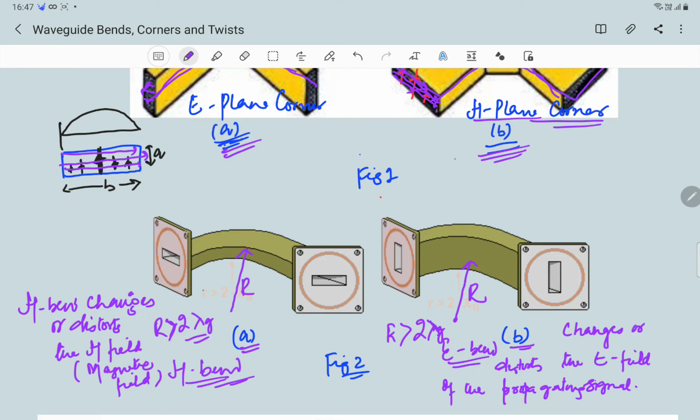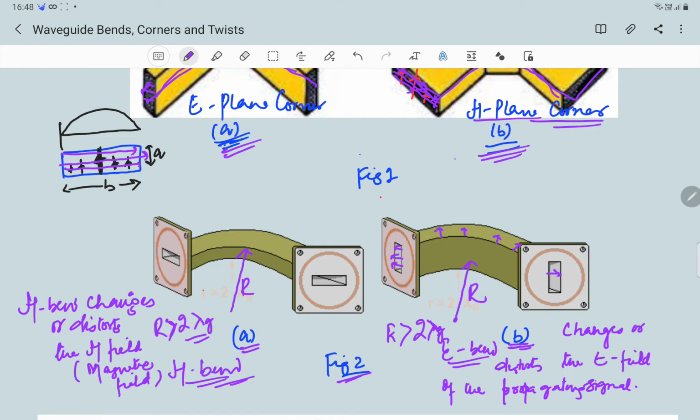Now, if we look at figure 2B, the electric field would be like this. On this cross section it would be like this. So here it would be like this. This is what happens to the electric field. So it distorts the E field.